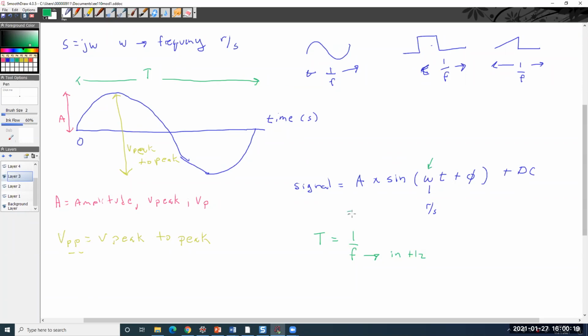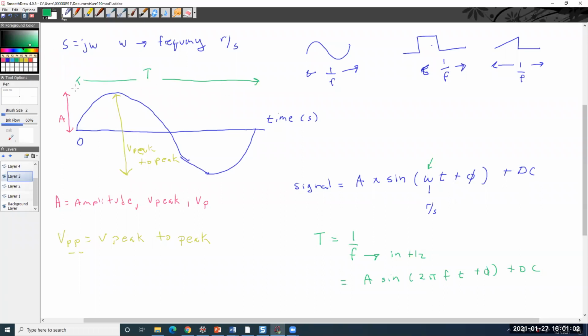So if I were to have a frequency, I'd have A times sine 2 pi f t, and then if I substituted 1 over T, I would have that as well.